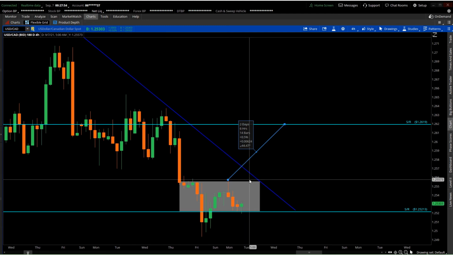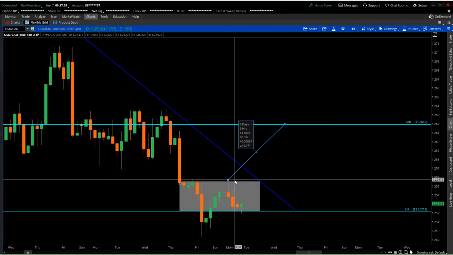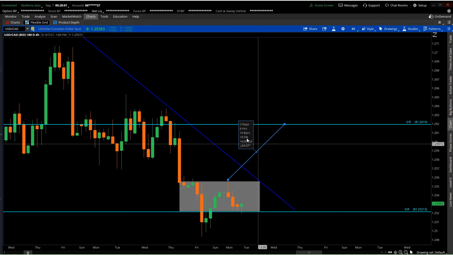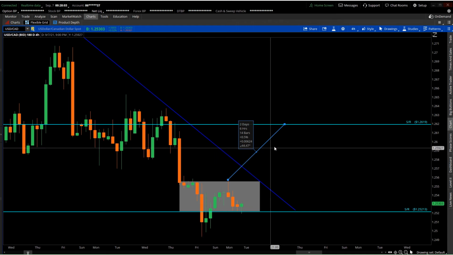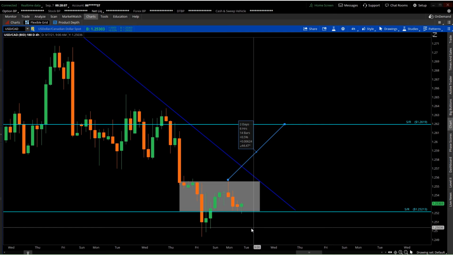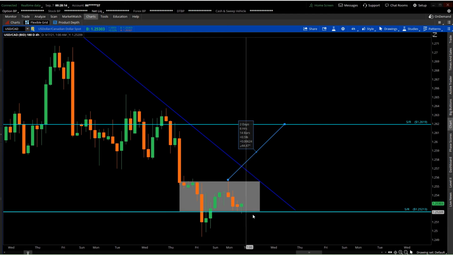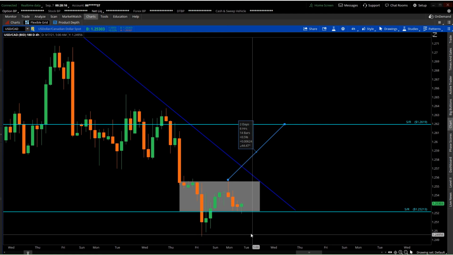So I'm looking at a 2-to-1 or 1-to-2 risk reward. Anyway, I'm going to leave the trade open. I may put a stop right down here, just in case price does reverse and goes crazy.